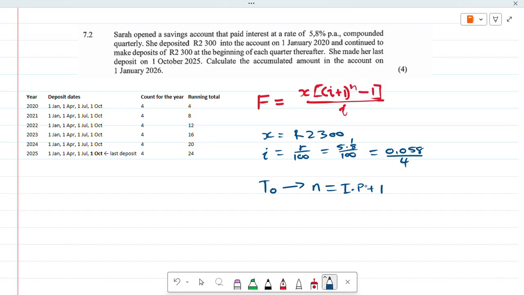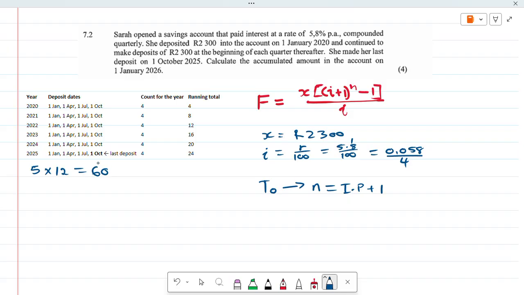Now let's figure out the investment period, which is IP. On our timeline, we see that our investment started on 1 January 2020. When you count from 1 January 2020 to 1 January 2025, how many years is that? That's a total of 5 full years. We convert these 5 years into months by multiplying by 12, and we get 60 months.